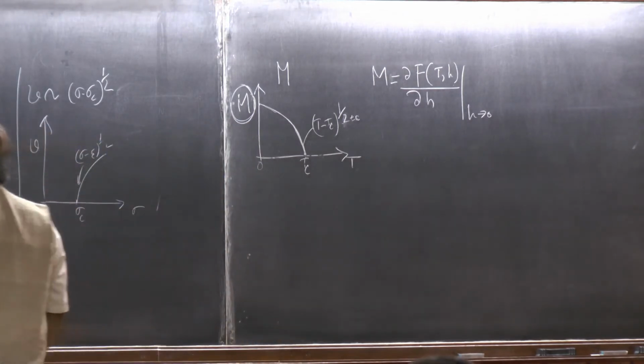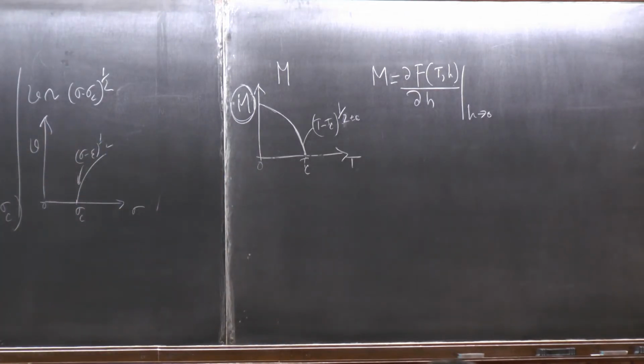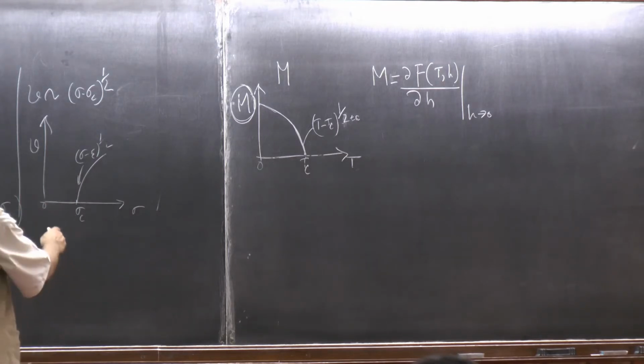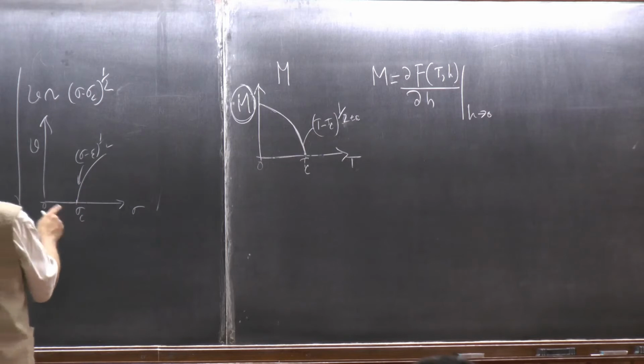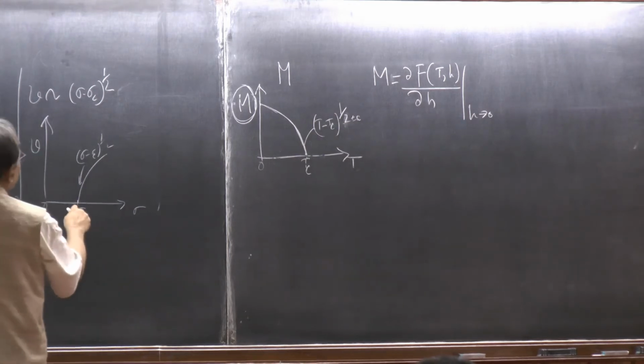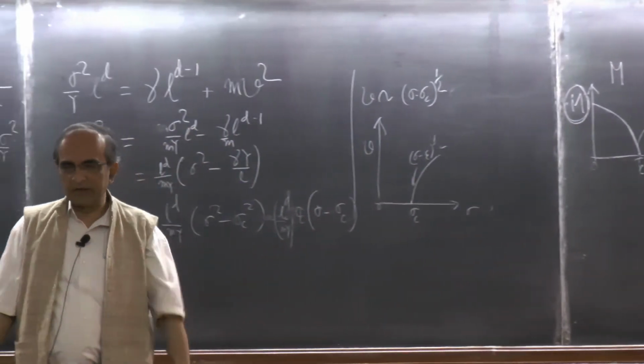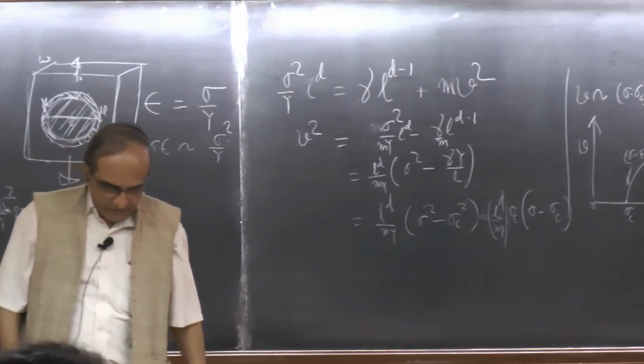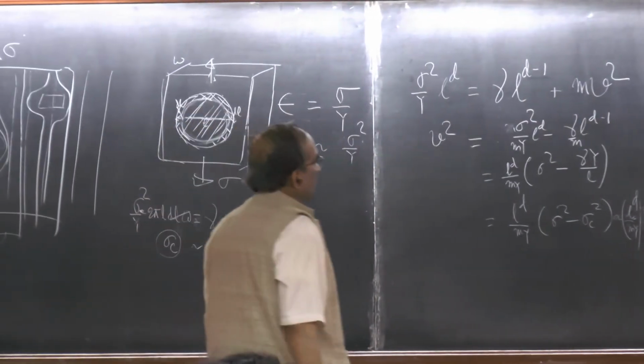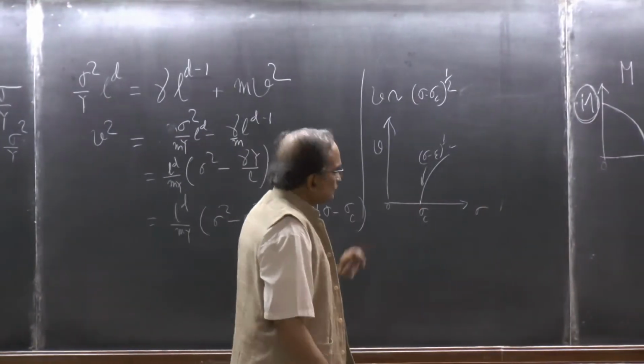Now you see, the velocity of the crack tip, even in this nucleation phenomenon, is trying to show, with a very simple mean field theory, that there is a possibility of a singular behavior here.